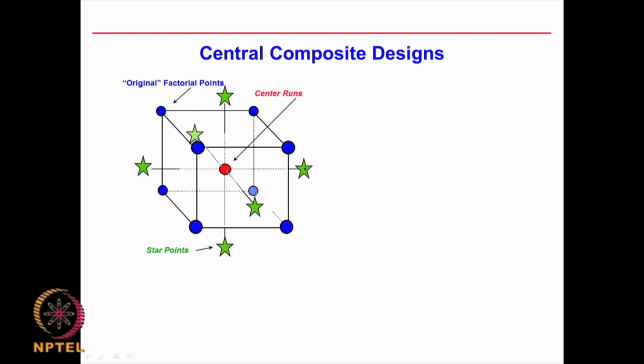Now how do you decide on the star points? These star points are outside the cube, outside the faces of the cube. So you will have 6 faces for the cube. So obviously there are 6 star points. Do you understand? So there are 8 for the factorial, there is 1 central point, 9, and 6 stars, that is above +1, below -1, above +1, below -1, above +1, below -1.